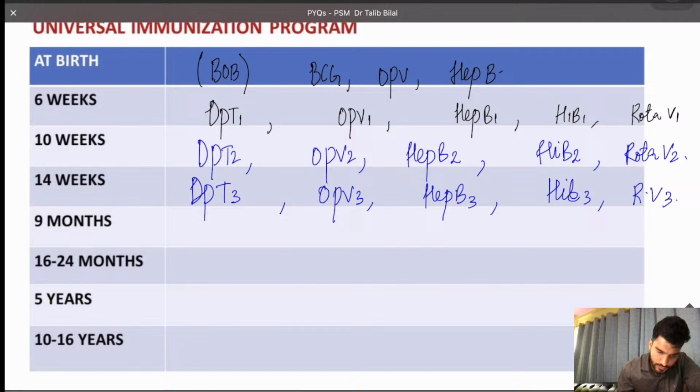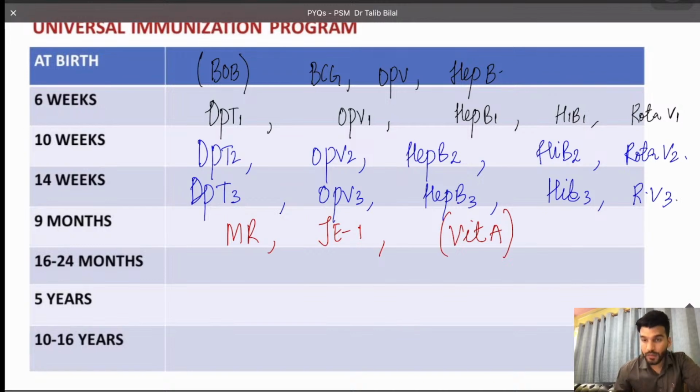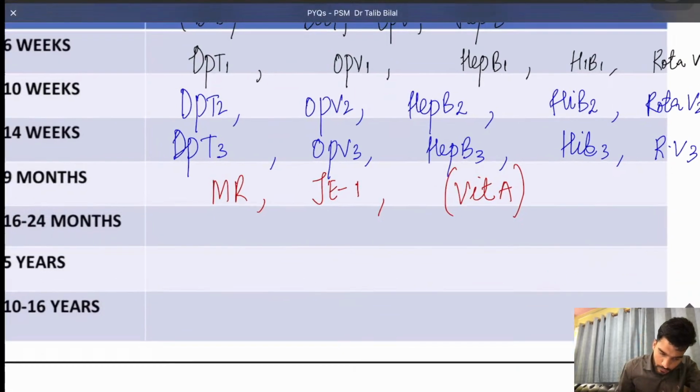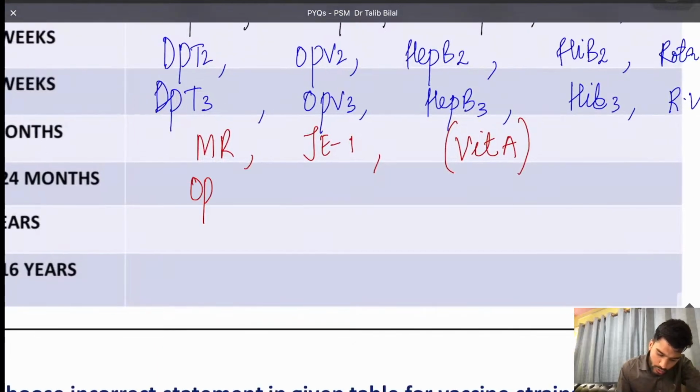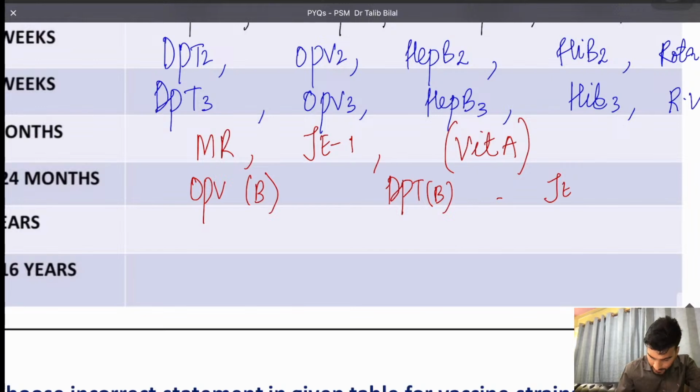At 9 months, we usually give measles MR, Japanese encephalitis 1, and we also give vitamin A. Remember that as well. At 16 to 24 months, we usually give the OPV booster dose and DPT booster dose, and we also give the Japanese encephalitis second dose and the measles second dose.